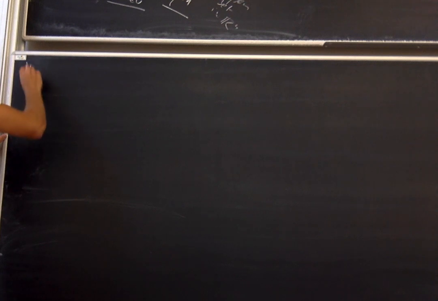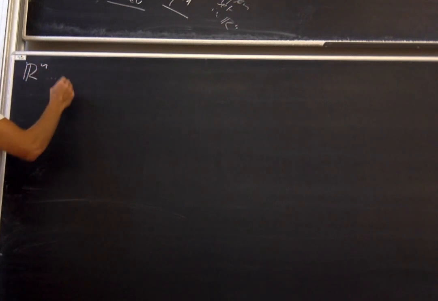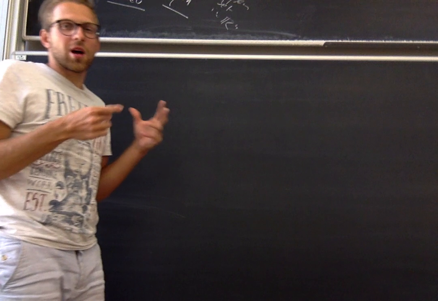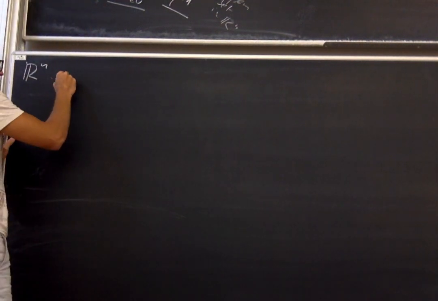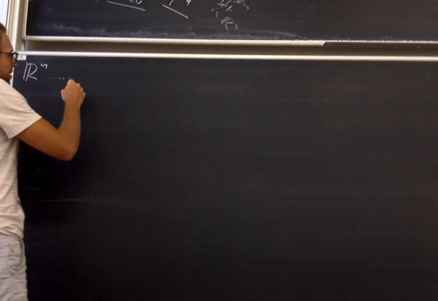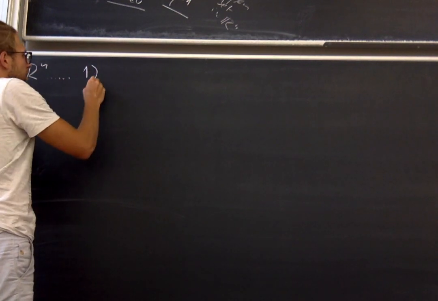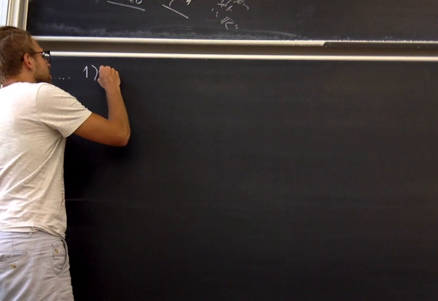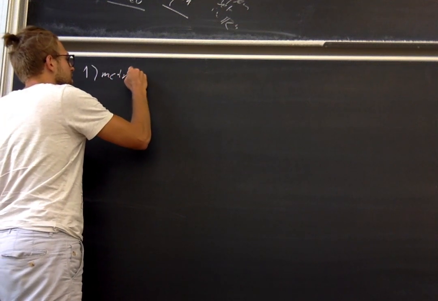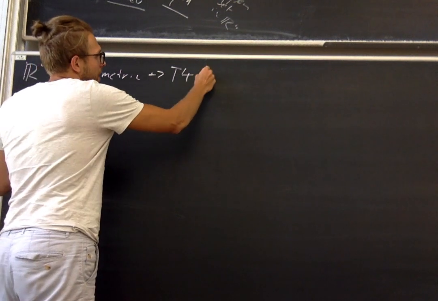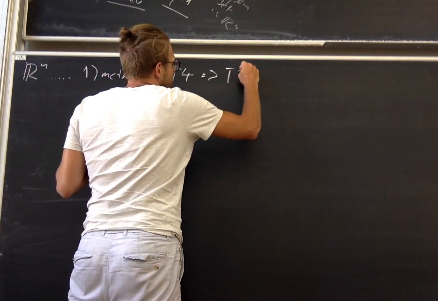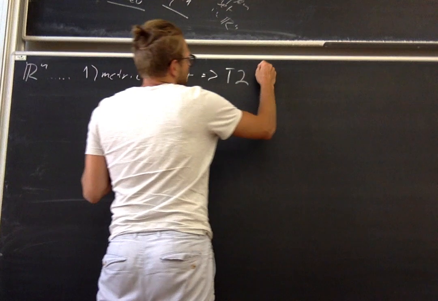Let's take Rn. Rn is an n-dimensional topological manifold, and we're just going to do some grunt work here and verify number 1. We know from topology that any metric space is T4, and that implies that it's T2, which is the Hausdorff property.